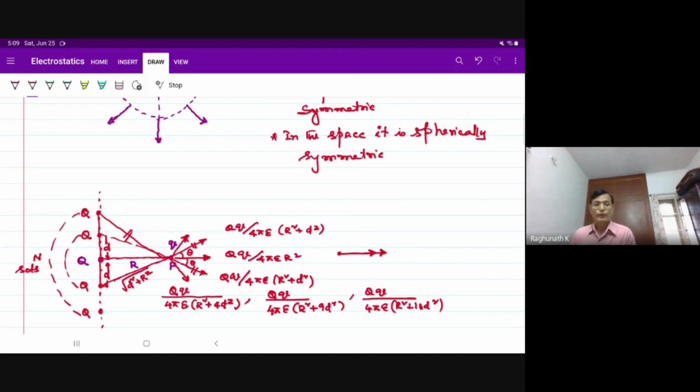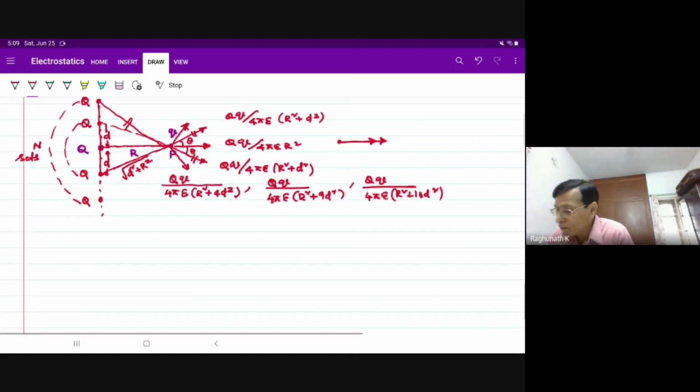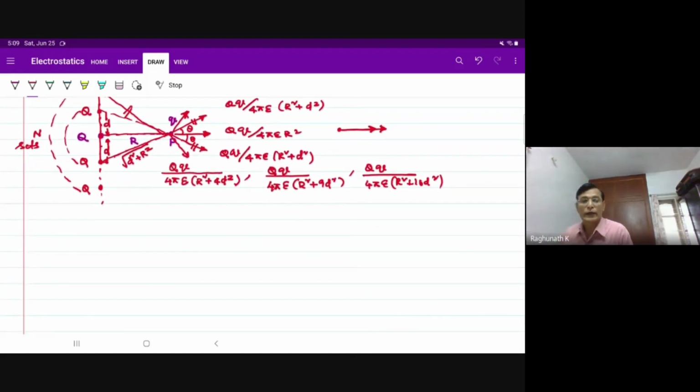Now I want you, please check it, to think about it. I want to know, if there are many n sets of charges kept like this, what is the expression to compute the total force experienced by the charge small q?